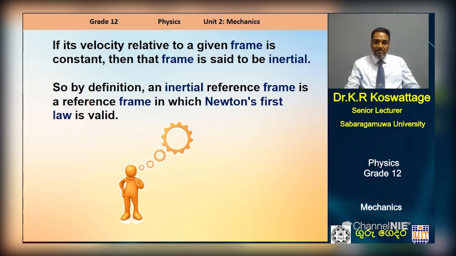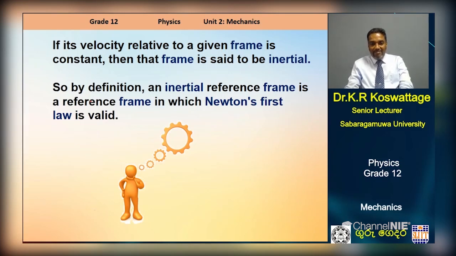By definition, an inertial reference frame is a reference frame in which Newton's first law is valid, because it is moving with a constant velocity. So Newton's law is valid in this particular inertial frame. We can define an inertial reference frame as that reference frame where Newton's first law is valid. So we have another definition for the inertial reference frame.